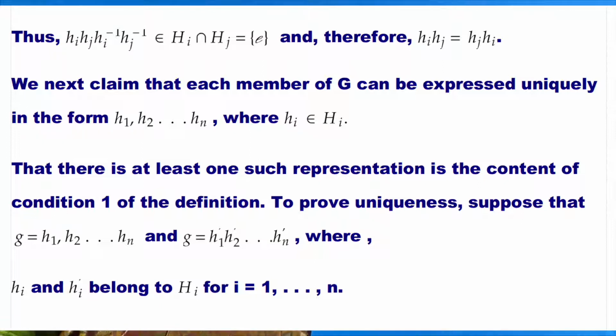Next, we are going to prove that every element of G is uniquely of the form h1, h2, so on up to hn, where hi belongs to Hi. Let us consider that the element g is equal to h1, h2, so on up to hn. The same element g can be represented as h1 dash, h2 dash, so on up to hn dash. These are assumptions, and hi and hi dash both belong to the set Hi, where i is equal to 1, 2, so on up to n.